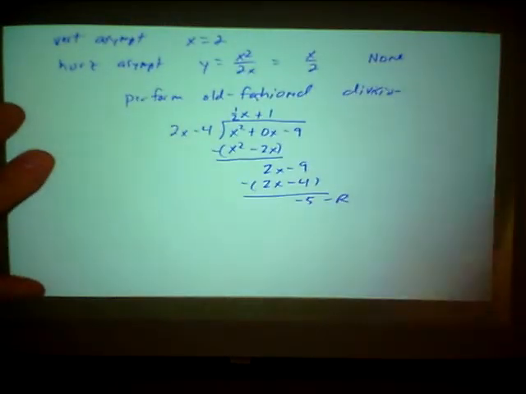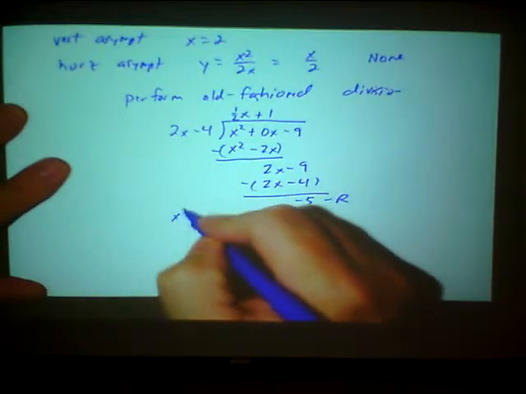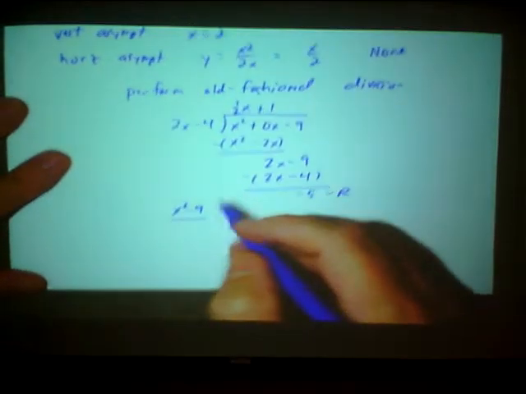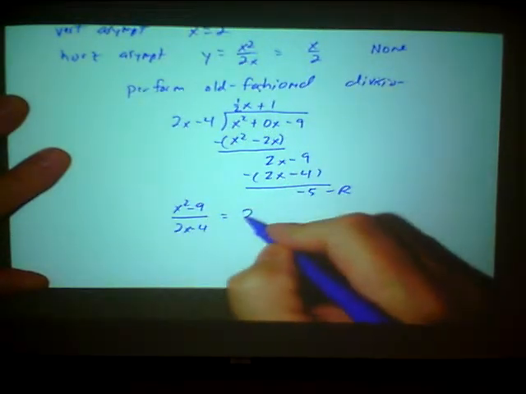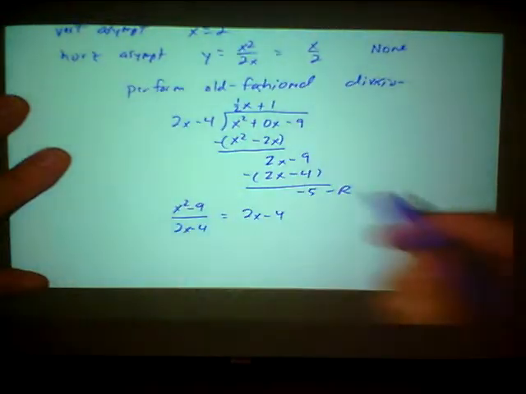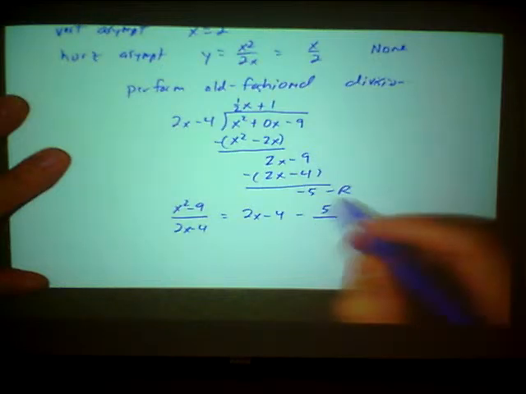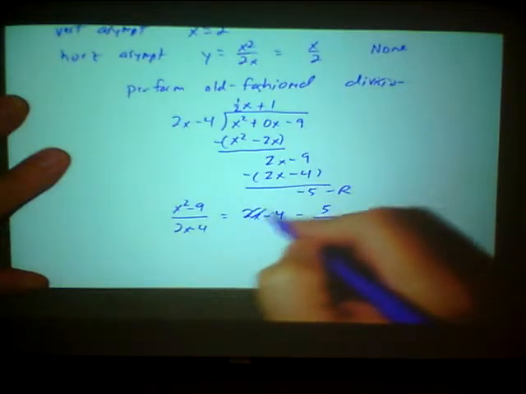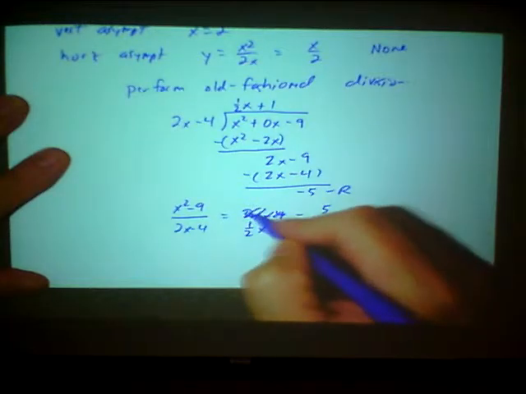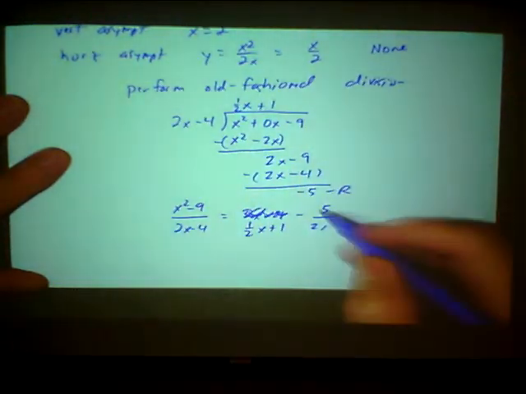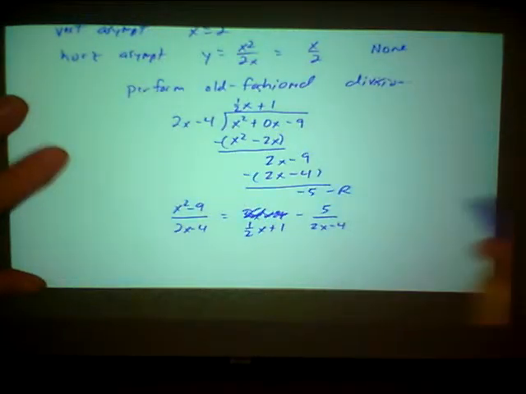So in a sense, what I've done is I said that x squared minus 9 over 2x minus 4 would equal 1/2 x plus 1. And then the remainder is -5 over 2x minus 4.